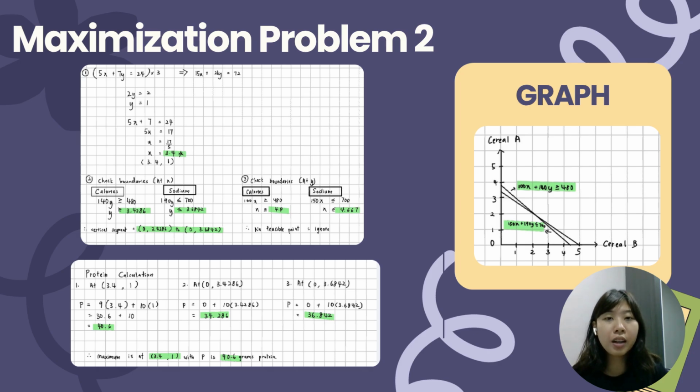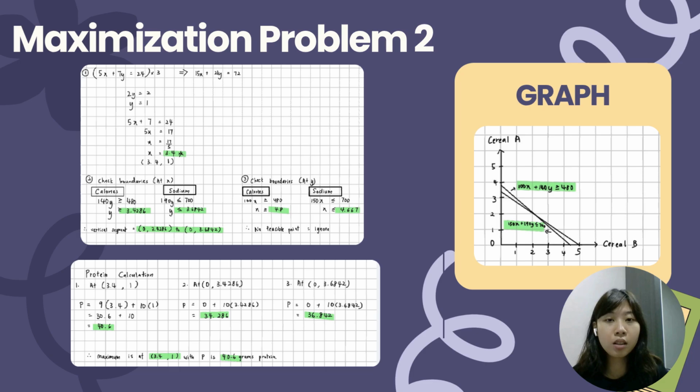First, we simplify our constraints. The calorie constraint becomes 100x plus 140y is greater than or equal to 480. And the sodium constraint becomes 150x plus 190y is less than or equal to 700.